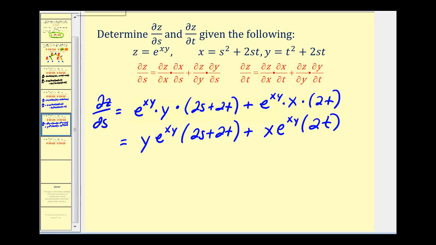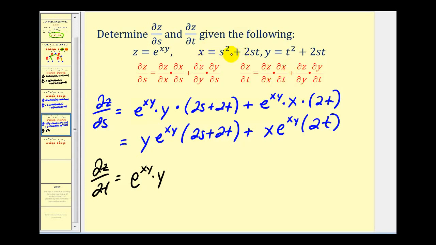So let's go ahead and determine the partial derivative of z with respects to t. It's nice to have it on the same screen because we are going to see some repetitions here in these partial derivatives. Meaning the first partial is the partial derivative of z with respects to x, which we found over here to be e to the xy times y, times the partial derivative of x with respects to t.